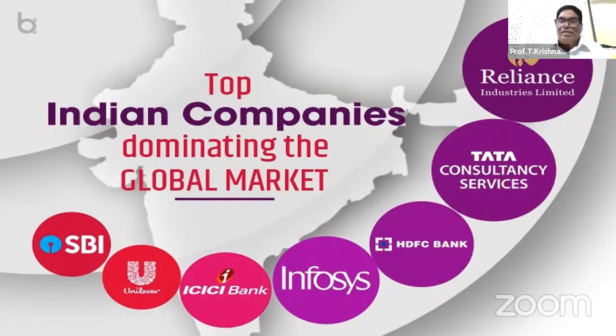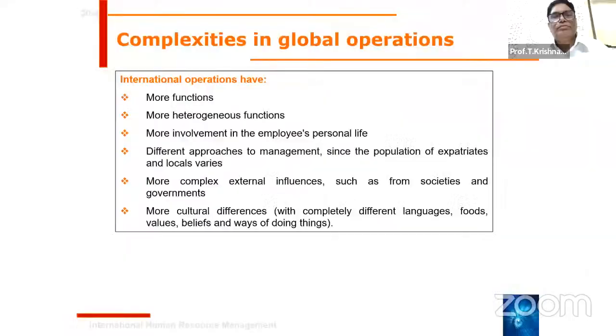I have given examples of very few companies only. Now, when you operate these organizations at global level, there are several complexities. And these complexities one has to take into cognizance and then design or craft the strategies to manage these things.